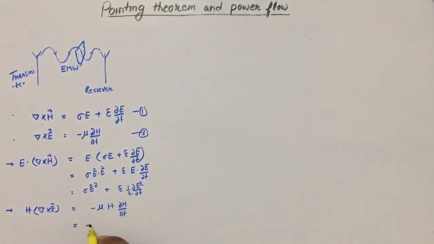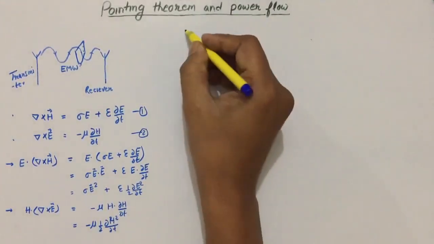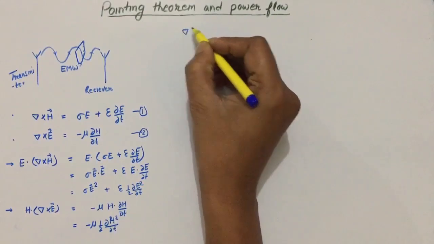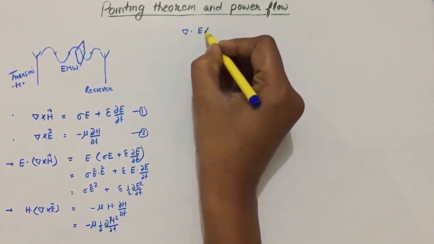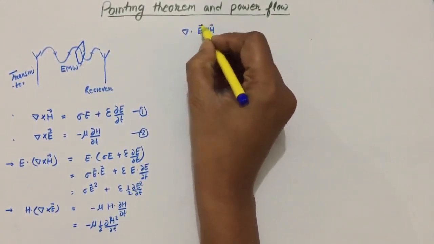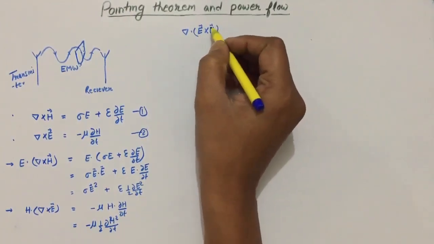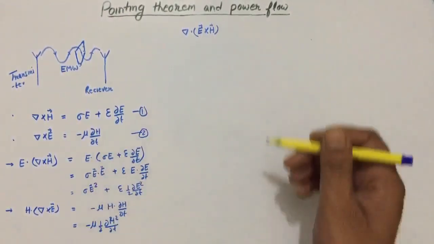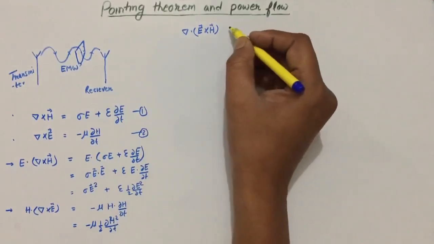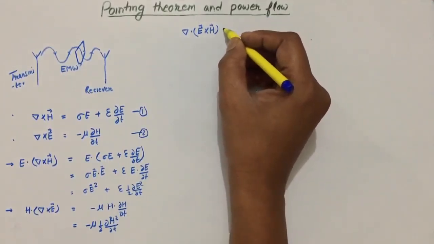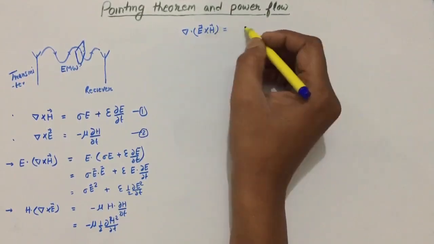After further simplification, we can have something similar to this, half del H square divided by del t. Now let us do E cross H. We are doing this to find the power equation. When we bring everything together, it will clearly tell us why it is important. So this equality we can write.